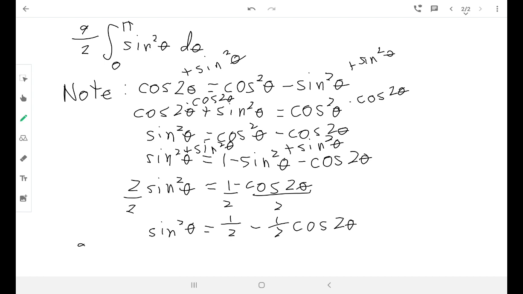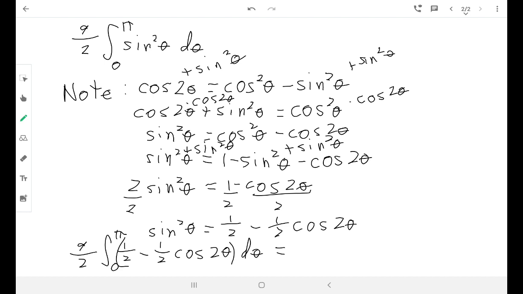So that integral is the same as saying 9/2 times the integral from 0 to pi of 1/2 minus 1/2 cosine of 2 theta d theta, and the d theta takes up all of that, of course.